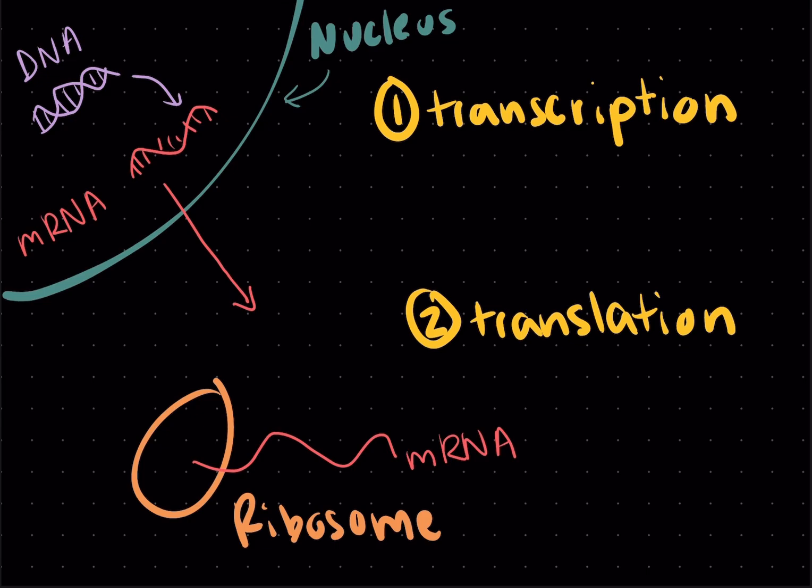And another RNA molecule called the tRNA. Now, the tRNA's main job is to bring in the amino acid. Remember, amino acids are the building blocks or the monomers of proteins. And so the tRNA is basically bringing in the supplies needed to make the proteins.